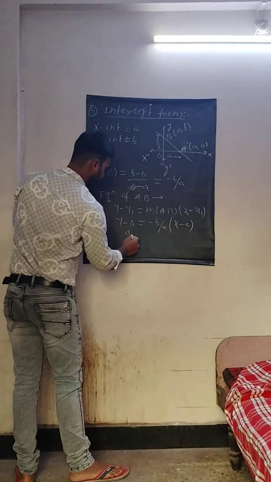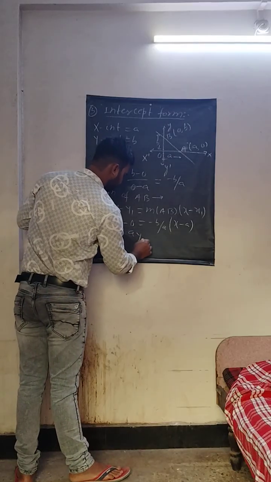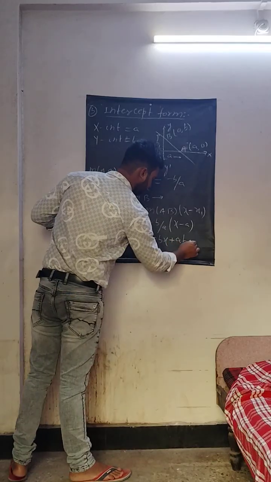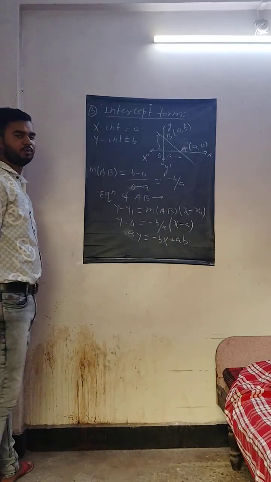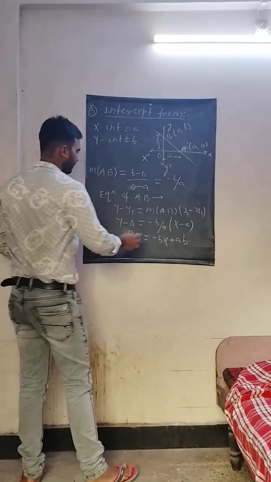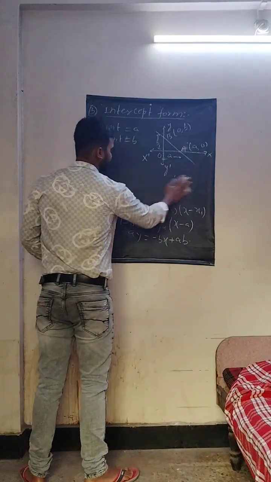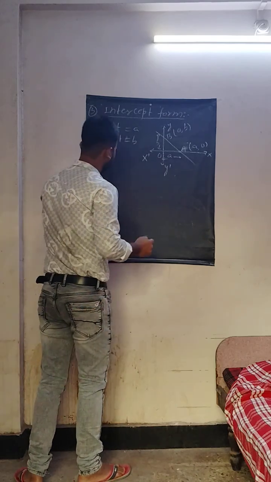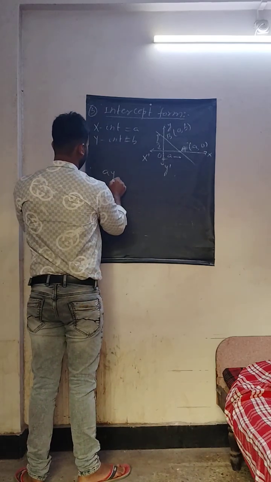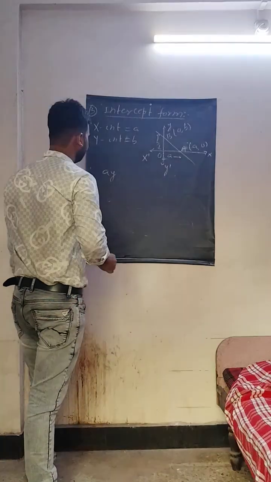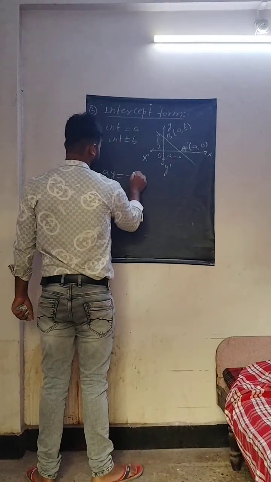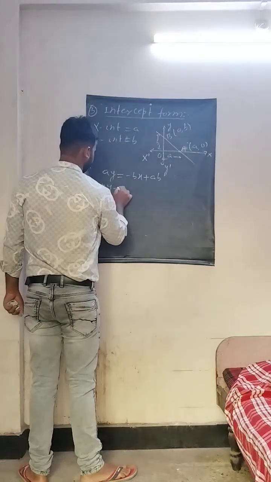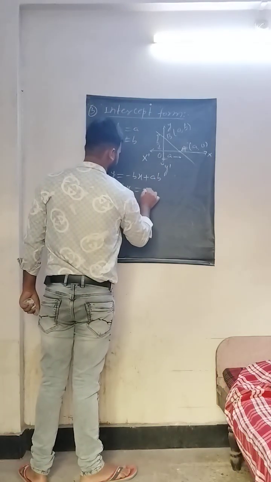Here, cross multiply: ay is equal to minus bx plus ab. I can write ay plus bx is equal to ab.